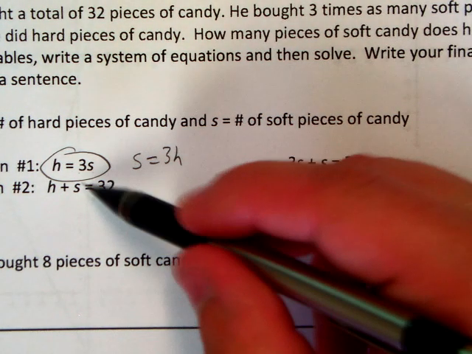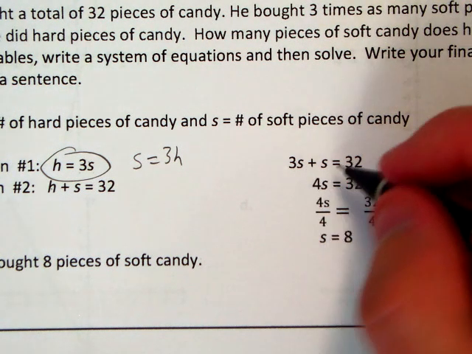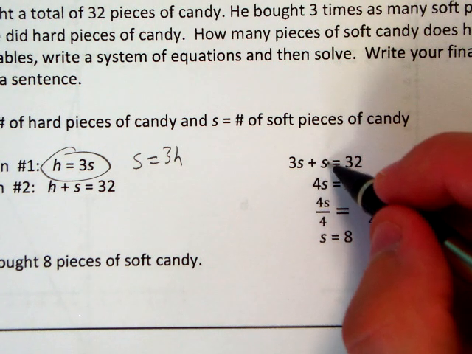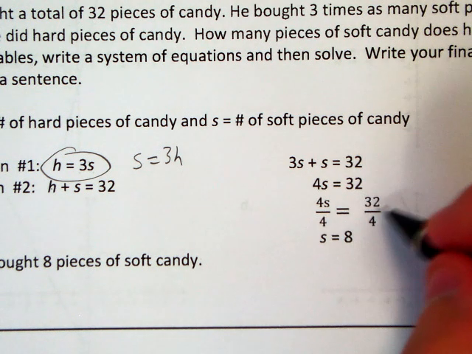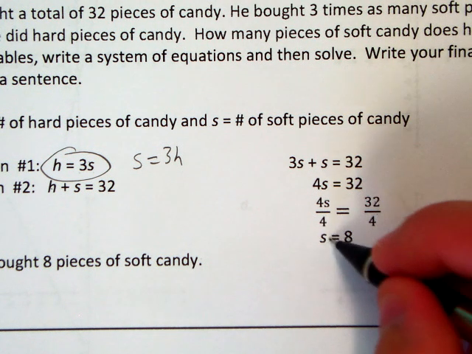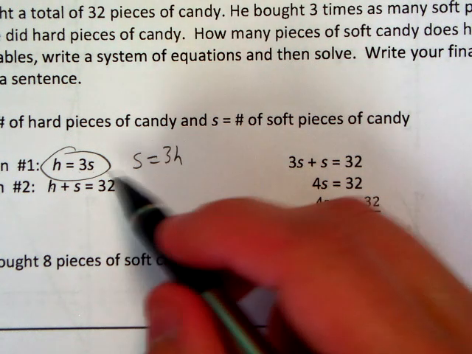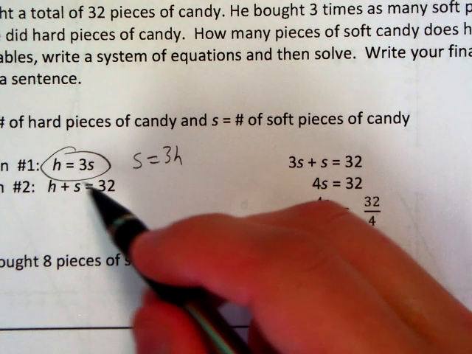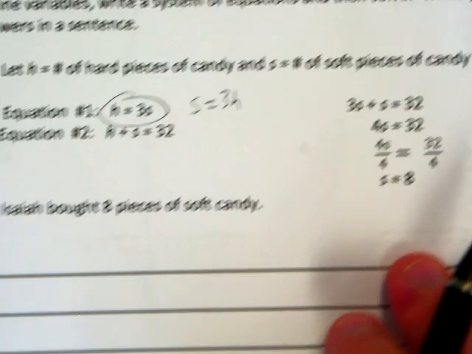So what Carly did then was substituted 3S in for H, like she should have, if she did this problem right. So 3S plus S is equal to 4S. 4S equals 32. Divide both sides by 4. So 32 divided by 4 is S equals 8, and bought 8 pieces of soft candy. So her only mistake in what she did was she did the wrong equation for number 1.